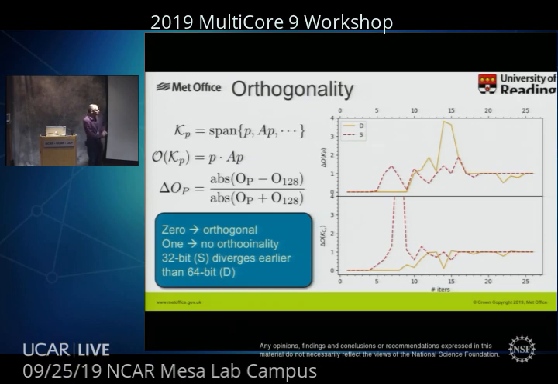The dashed red line is the 32-bit arithmetic, and the yellow is the double precision. I'm claiming, and I think you can see, that the 32-bit comes away from 0 faster and converges towards 1 quicker. So the 32-bit loses orthogonality faster than the 64-bit, which is what our intuition might tell us. So that's why we end up with this iteration count.